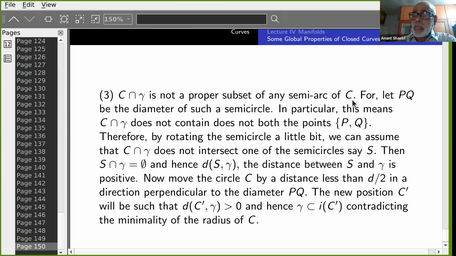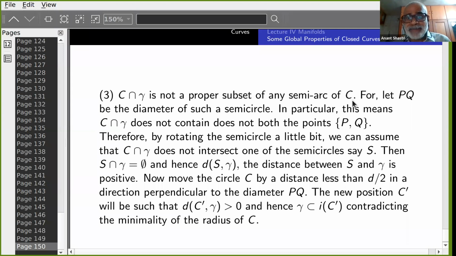You see, it can happen that they are only including the diameter. That can happen. For example, take an ellipse. And what is the circumscribing circle for an ellipse? Don't use equations, use geometry.